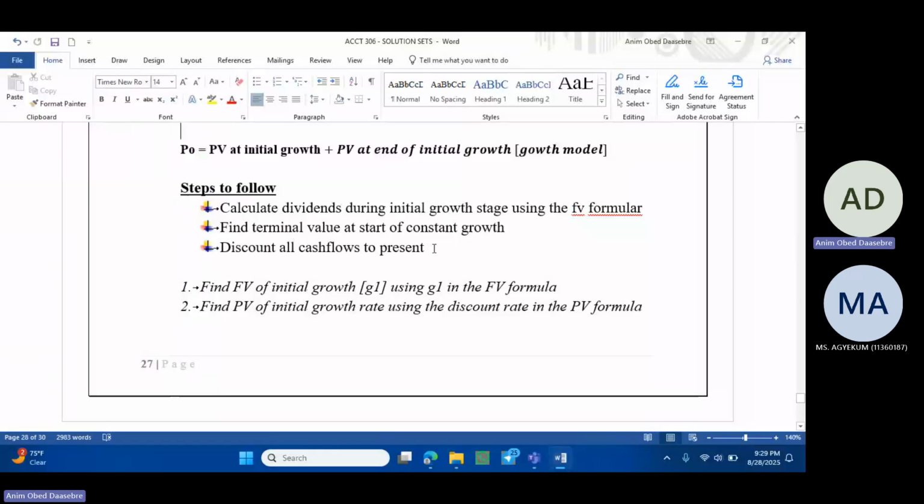The value of equity and the value of a bond is the current price, which means it is today.